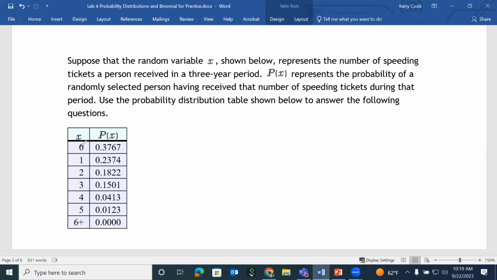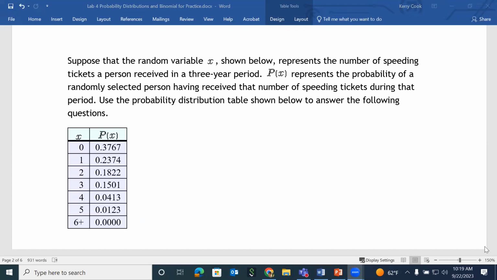And every possibility is listed. So they could have gotten 0, 1, 2, 3, 4, 5, or 6 or more. And good thing, there's about a 0% chance of them getting 6 or more in that 3-year period. So good for them. The probabilities are listed for each one. If you stop and total these, you will see it comes out to 1. So it is a true probability distribution.